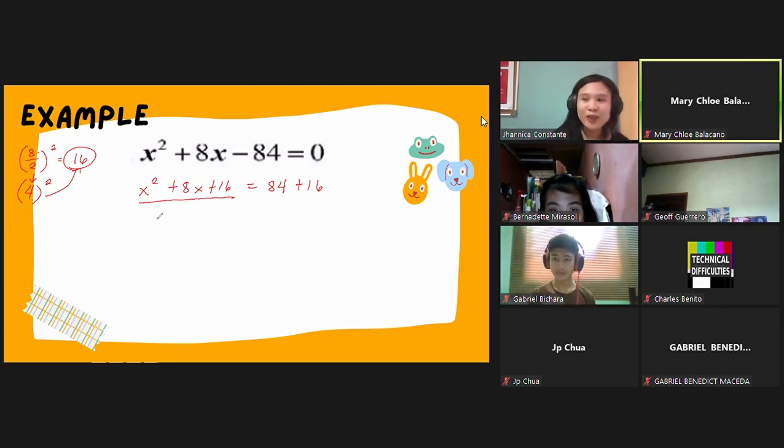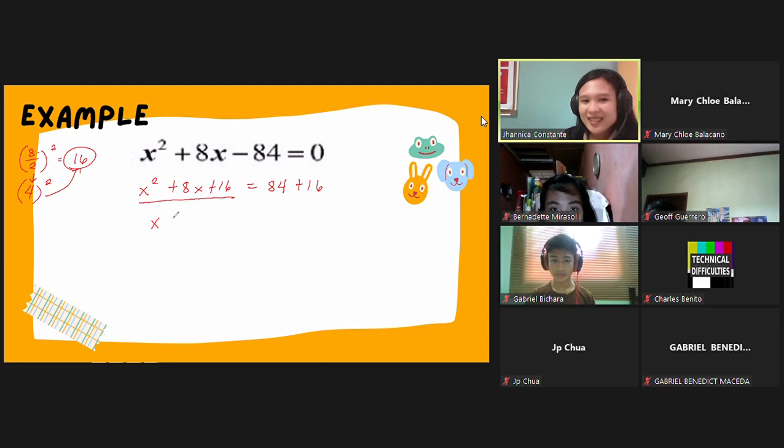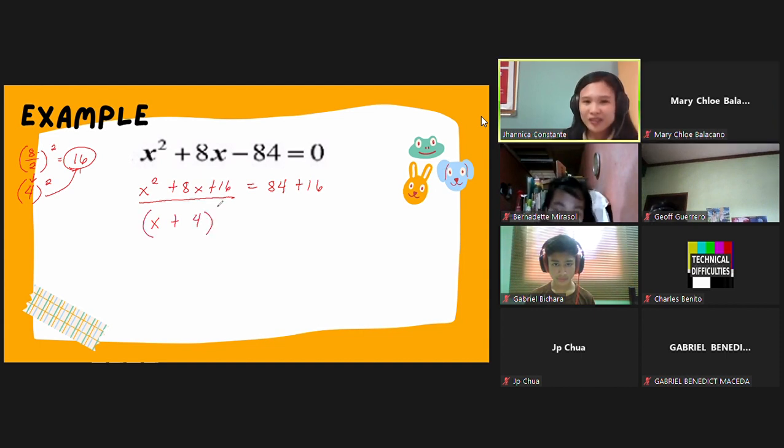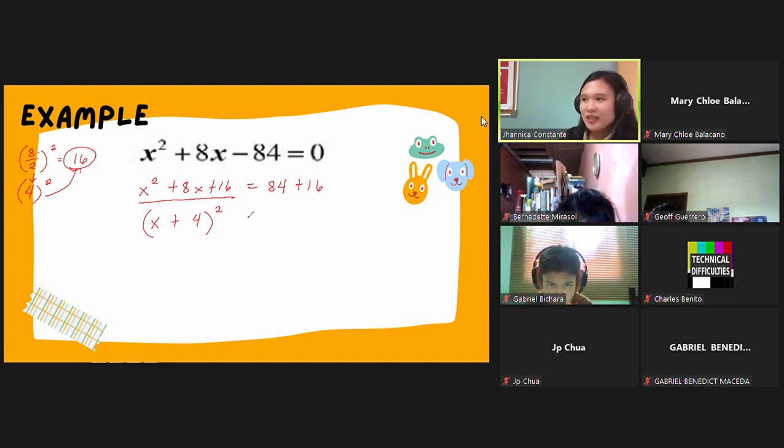It's x plus 4 squared. That is the factor of x² plus 8x plus 16 equals 84 plus 16, which is equal to 100.